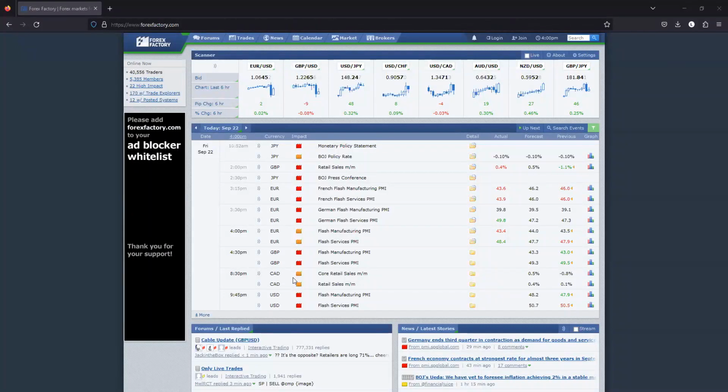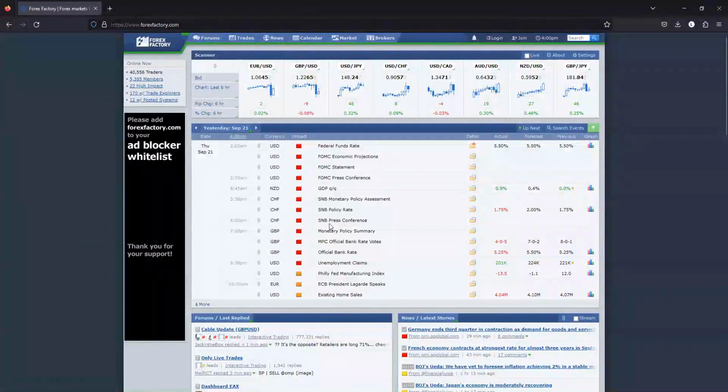Earlier news releases include BOJ. We can see that BOJ held rates constant, still in a negative interest rate environment as compared to its peers. And I believe ECB as well. Then the Bank of England kept rates constant, and this affects the pound.